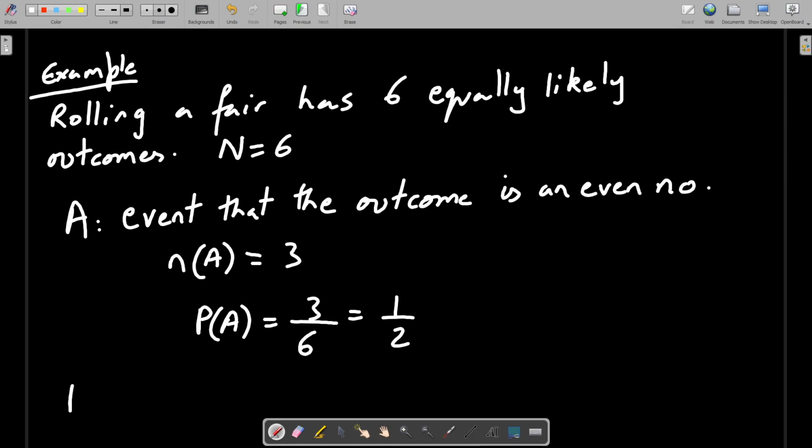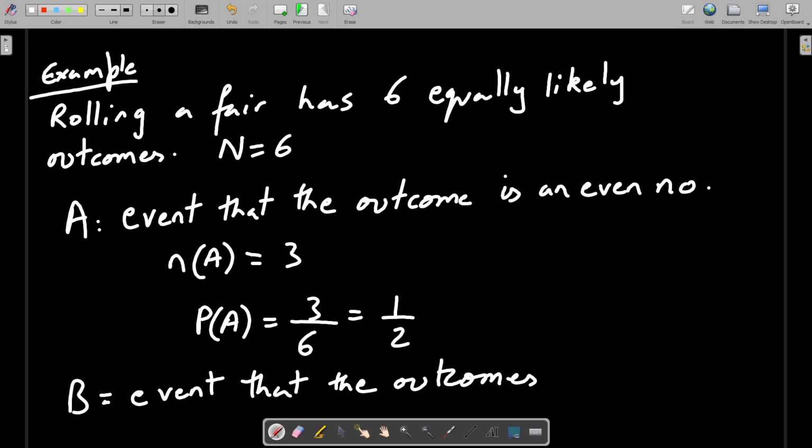Another thing we can try: B is the event that the outcome is a multiple of 3. How many numbers over here are multiples of 3? Only two of them, 3 and 6.